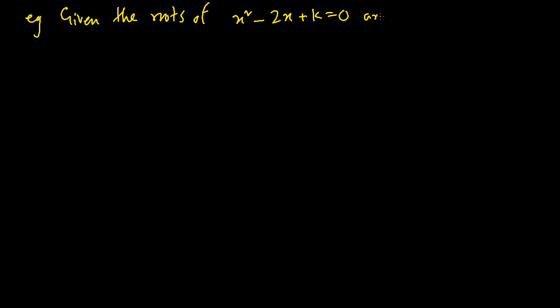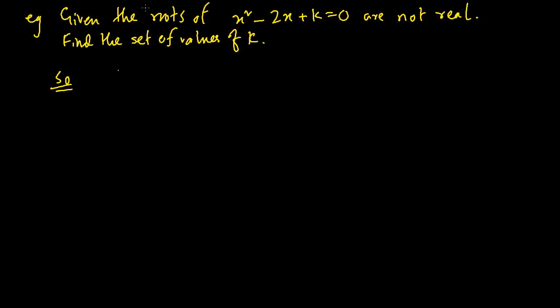So that's it. In another question, they might say, given the roots of x squared minus 2x plus k equal to 0 are not real, find the set of values, meaning inequality, of k.